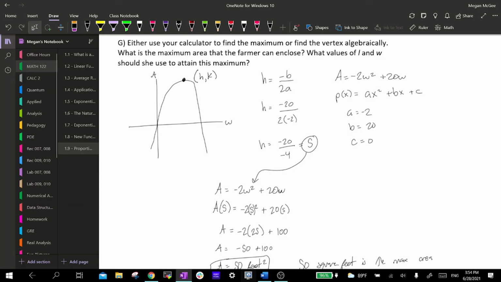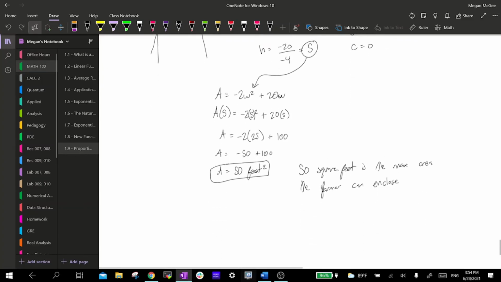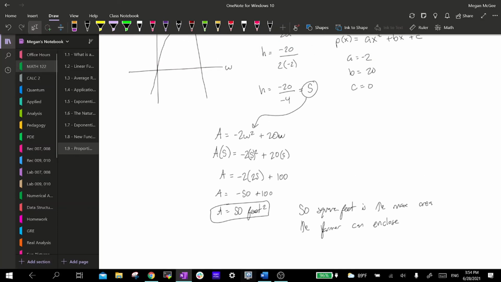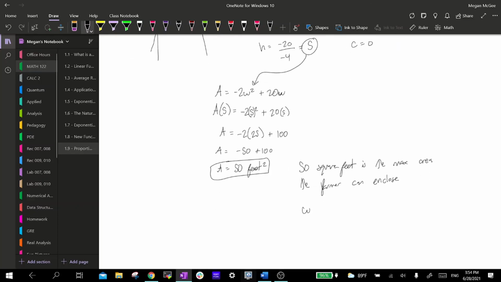Okay, so what values of length and width is she going to have to use to attain this maximum? Well, we already determined the width, and that was our h value. So our width was 5 feet. So what is our length value?